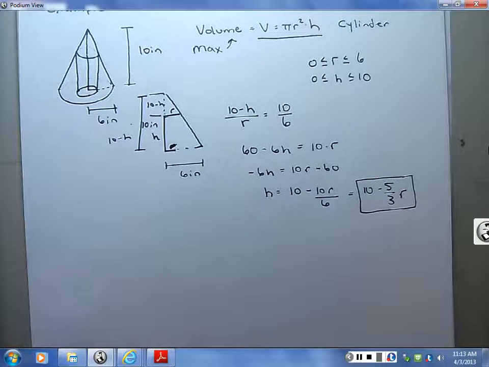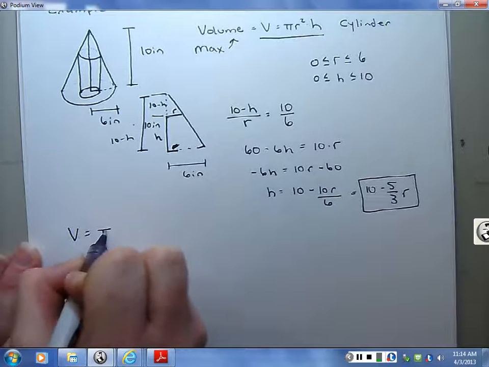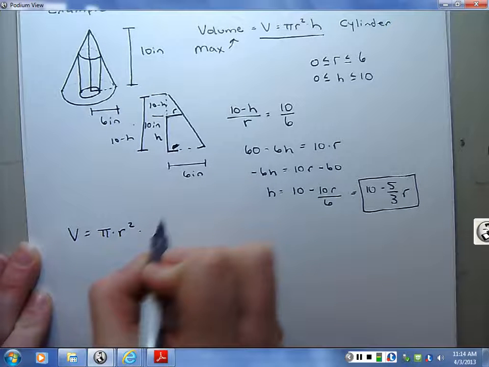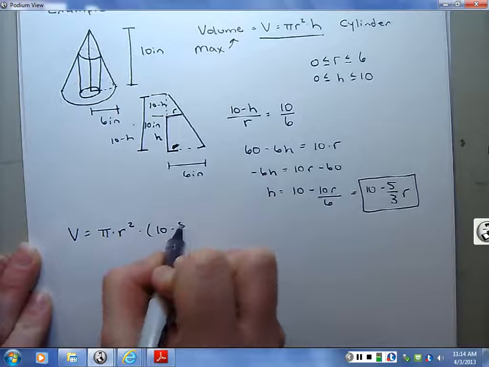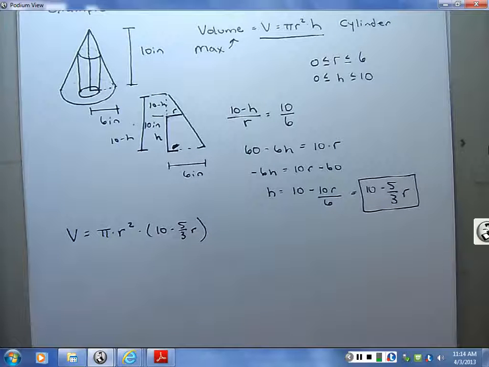At that point, you've really done the majority of the setup. You haven't got to the calculus yet. So now my volume is going to be pi times r squared times 10 minus 5 over 3 r. All right, because that's h, and h in terms of r.